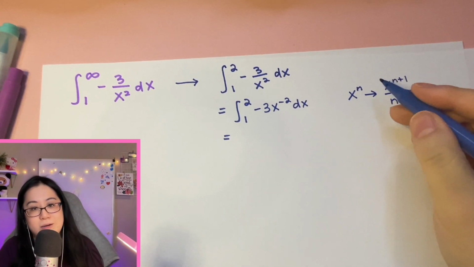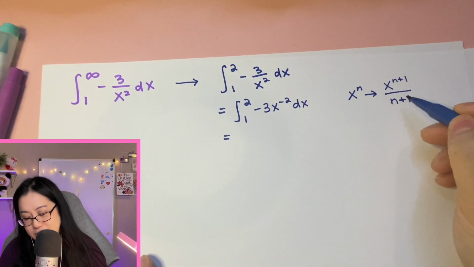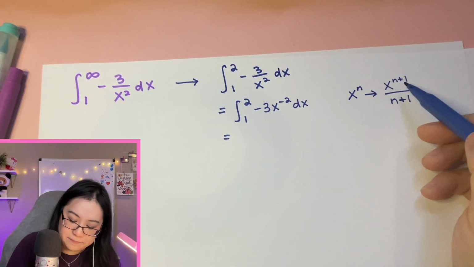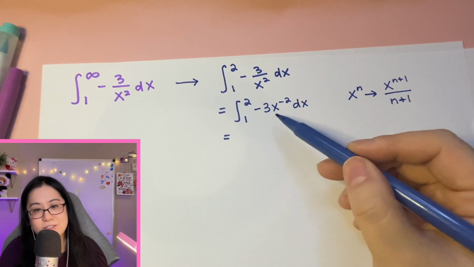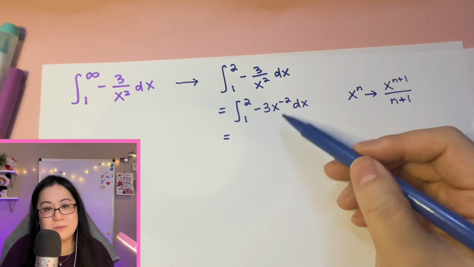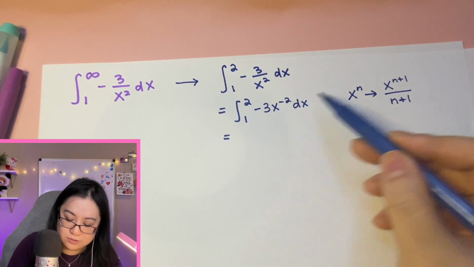It's just the backwards of our power rule. I have other videos on this if you want to check that out, but as long as this isn't x to the negative 1, because the integral of 1 over x is going to be the natural log. But for this case, we can use this.